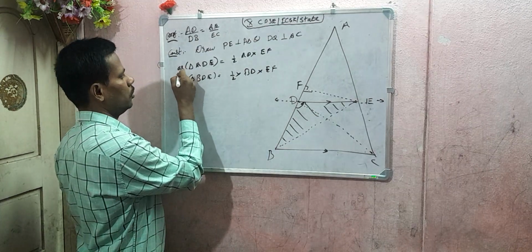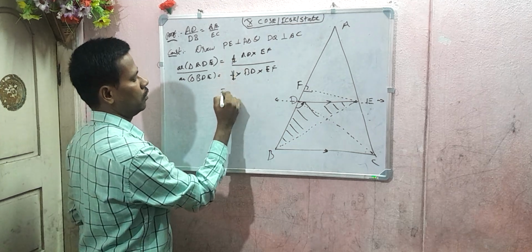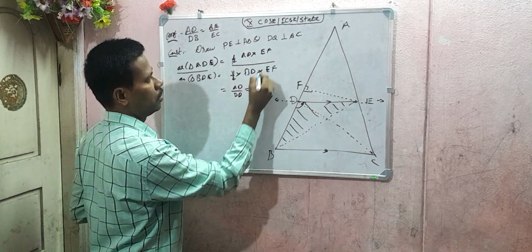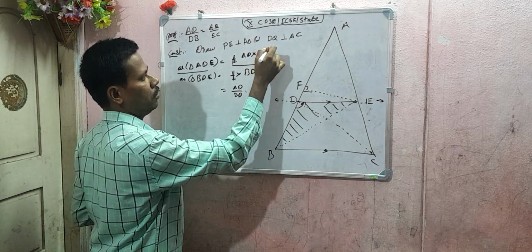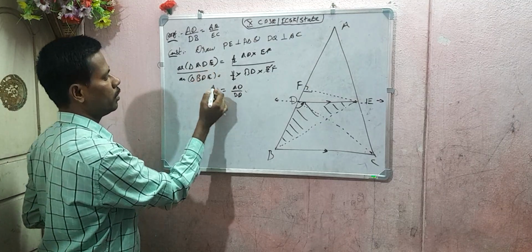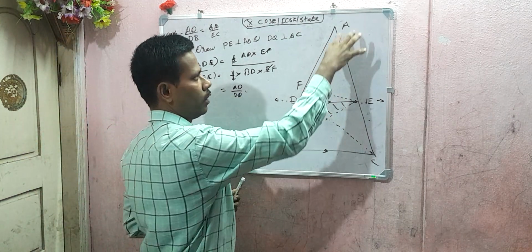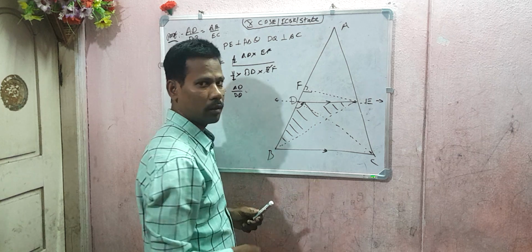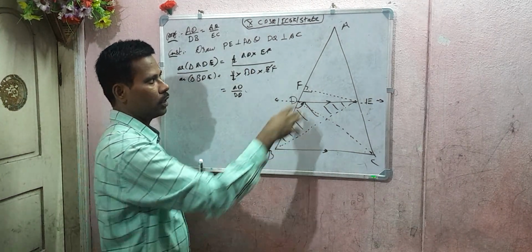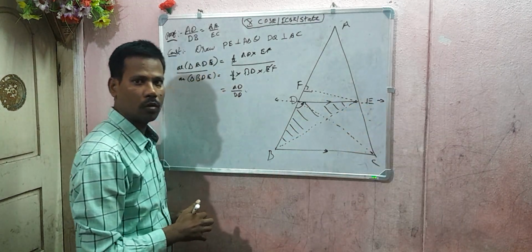So take the ratio of these two. Area of triangle ADE by area of triangle BDE is AD by BD. Sorry, this and this will get cancelled, so it is AD by DB. Now in the same way, consider triangle ADE and triangle DEC. What do you observe?